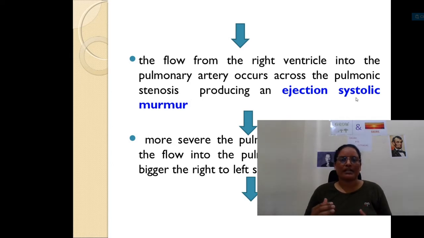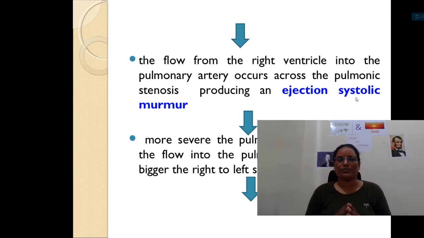When we listen to the sound of the heart with the help of a stethoscope, at that time an abnormal sound occurs that begins after the first heart sound and ends before the second heart sound. You can also say the ejection systolic murmur is the abnormal heart sound which we can hear with the help of a stethoscope.